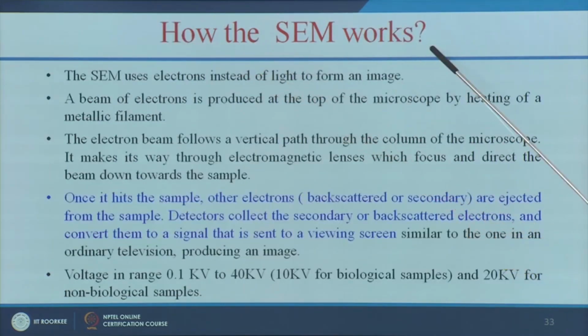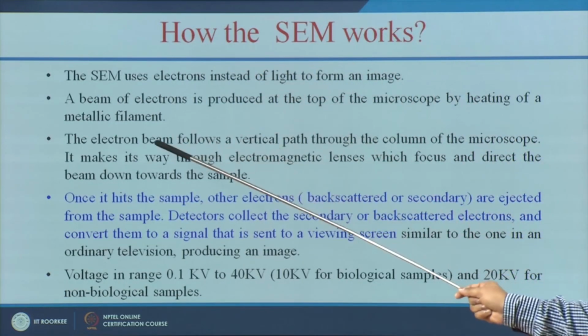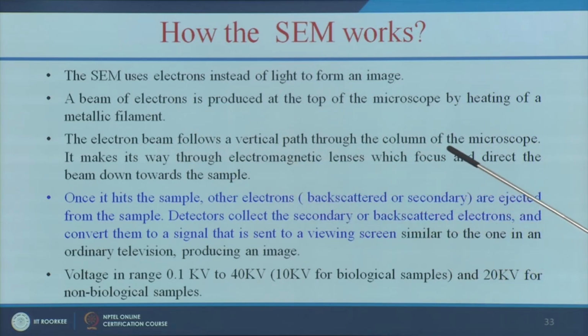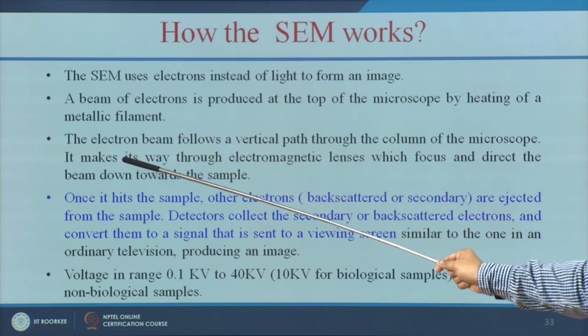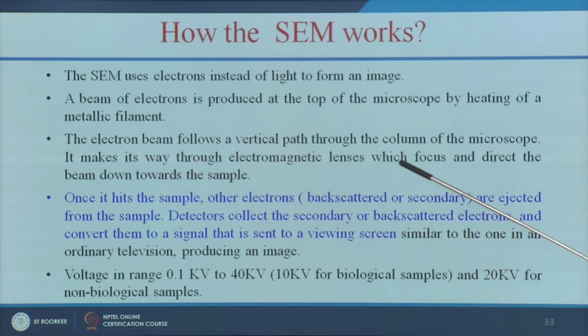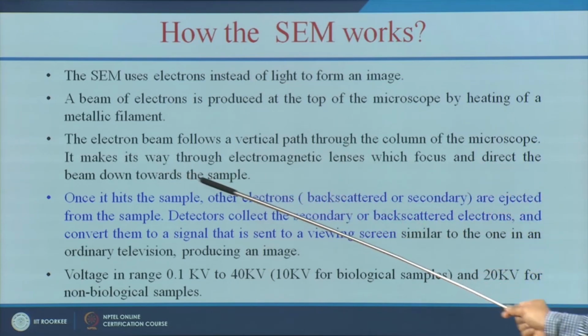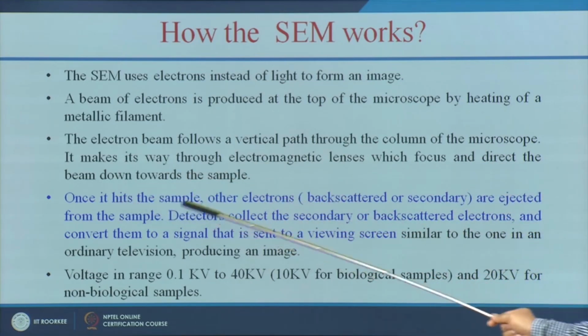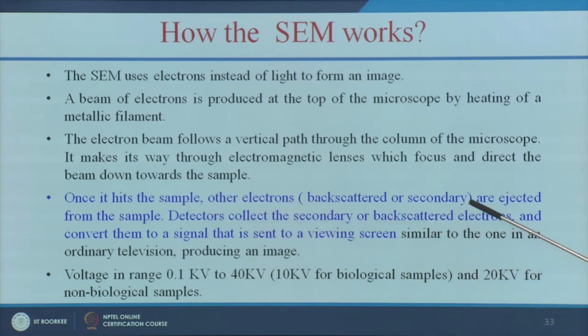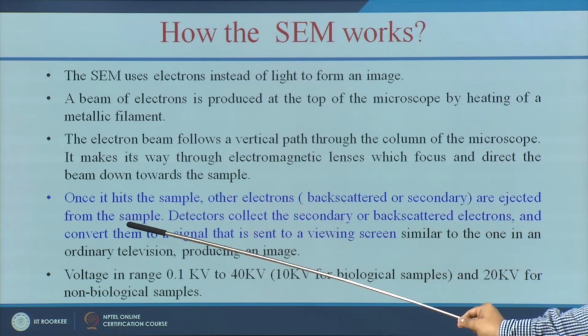So, how does the SEM work? Here the electron beam follows a vertical path through the column of the microscope, and it makes its way through the electromagnetic lenses, which focus and direct the beam towards the sample. Once the electrons hit the sample, backscattered electrons and secondary electrons are ejected from the sample.